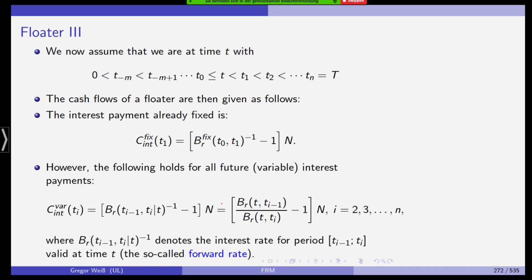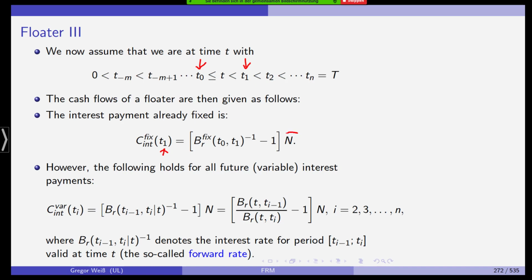Let's assume that we are at time small t, and we know the fixing that is to be paid out in t1, that was fixed in t2, and we go on t2, t3, tn, and so on. The cash flows are then given as follows. We have the interest payment that has already been fixed. That is the interest payment in T1.